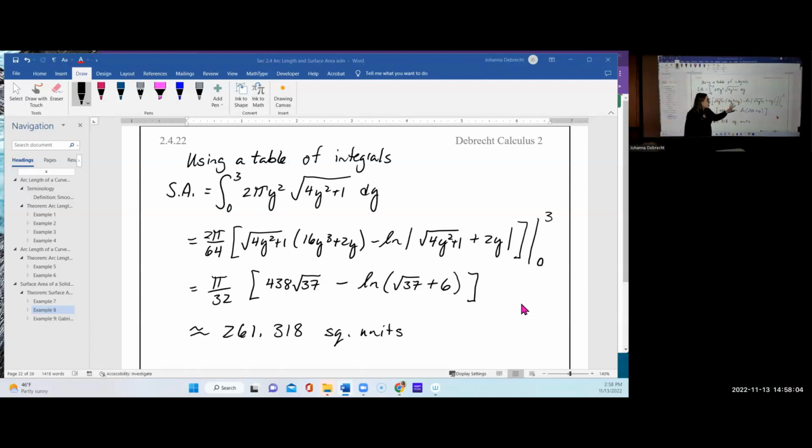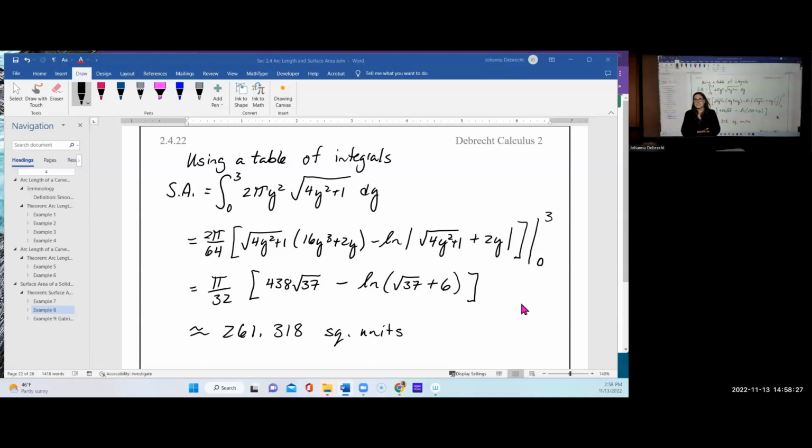So this zeroes out. Over here, this 2y term zeroes out, but this becomes the square root of 1, but the natural log of 1 is 0. So when y is 0, both terms drop out, and we just get the evaluation at the upper limit, y equals 3, which gives us 261 and a little bit of change square units.